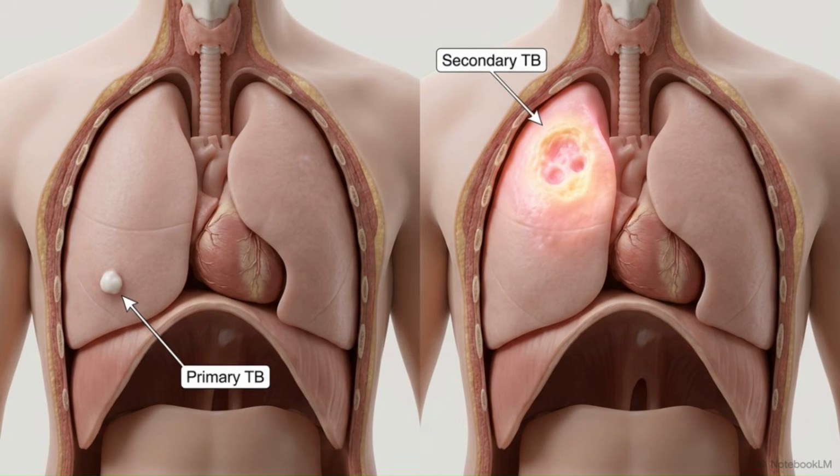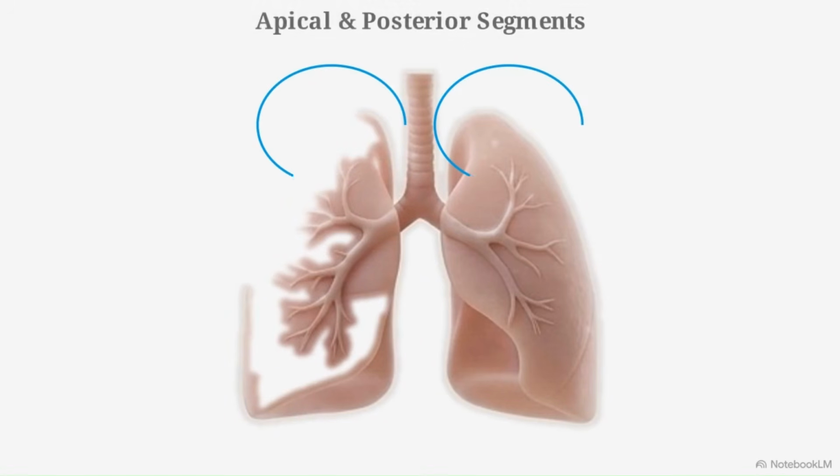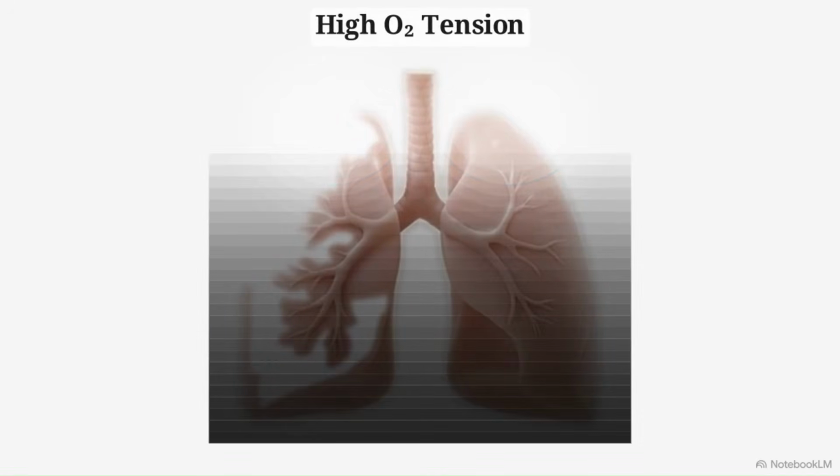Primary TB is often entirely asymptomatic and localizes in the lower or middle lung zones. Secondary or post-primary TB is a highly destructive reactivation. This 3D lung model illustrates why secondary TB almost always targets the apical and posterior segments of the upper lobes.